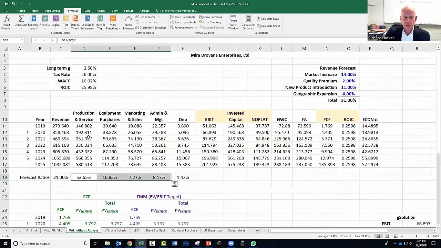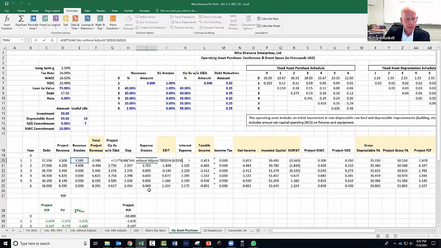I don't know what the expenses were for that revenue, but I know what the expenses are on any given dollar of revenue. And I can know that through the forecast ratio. Okay, so that makes sense to me. And now I've gone ahead and applied them here by taking the revenue erosion times the sum of those forecast ratios, and that gives me my expense erosion.